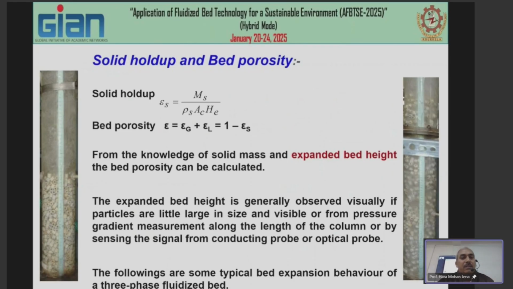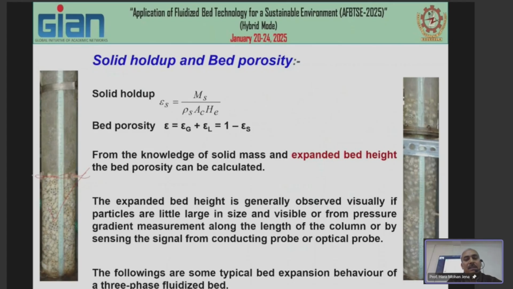The next hydrodynamic parameter is the solid holdup and bed porosity. As for bed porosity, we have discussed. On the left hand side one photograph is here. You see that it is almost a fixed bed. Little bit of fluidization is there, almost a fixed bed.